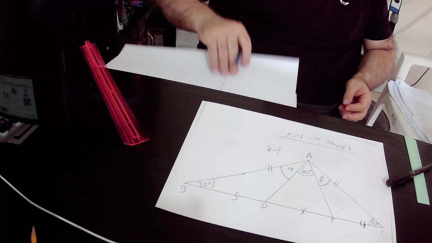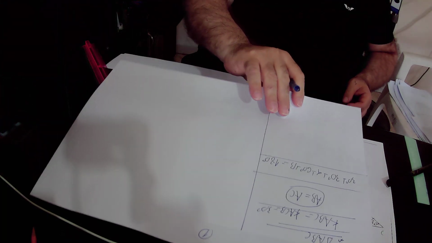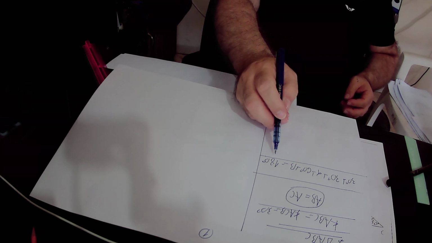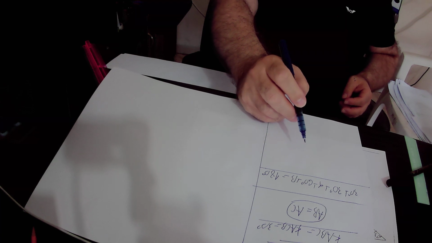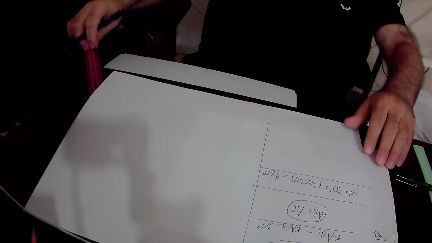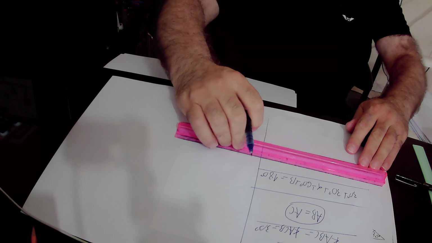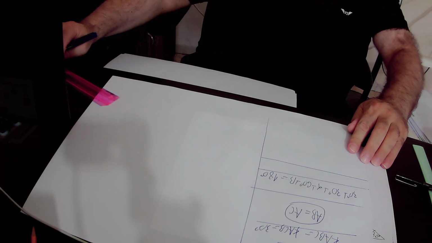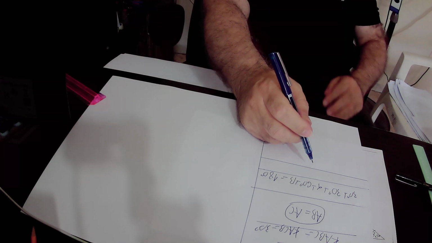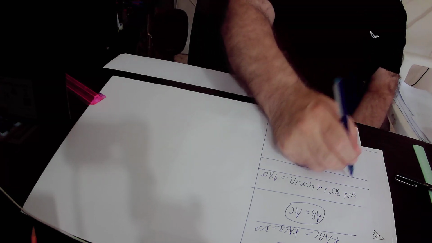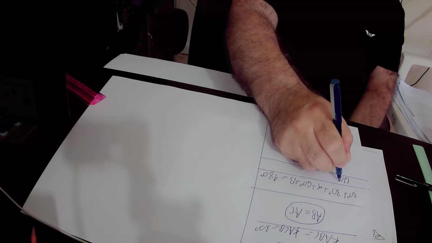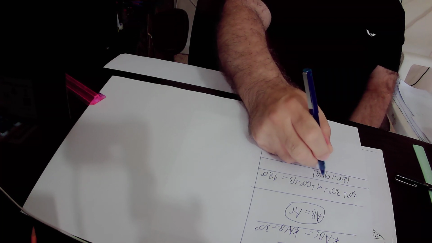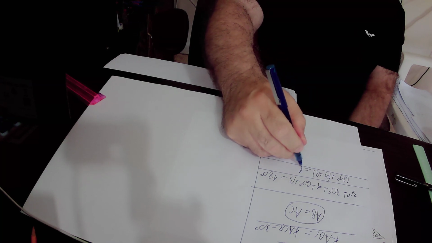So here, this expression expresses the fact that the sum of the angles in triangle ABC is equal to 180 degrees. 30 degrees plus 30 degrees is 60 degrees, and 60 degrees plus 60 degrees is 120 degrees, plus alpha plus beta is equal to 180 degrees.